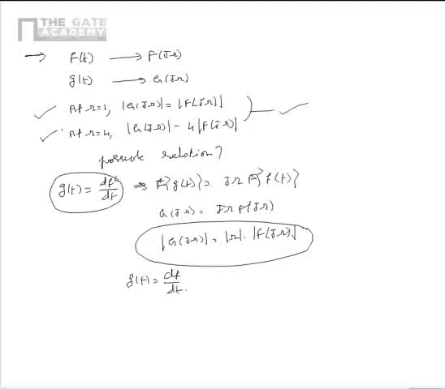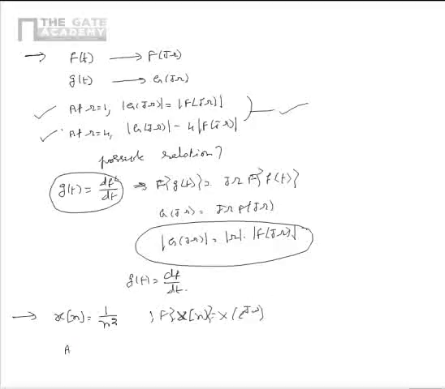Now, let us consider another problem as per which there is a discrete time non-periodic signal given as x of n is equal to 1 by n squared. It's given that the Fourier transform of x of n is equal to X of e power j omega.